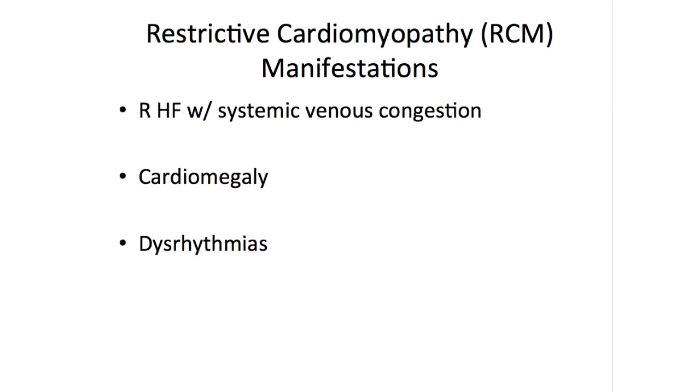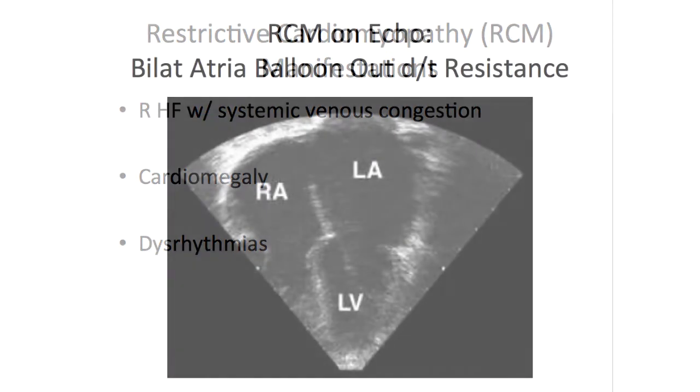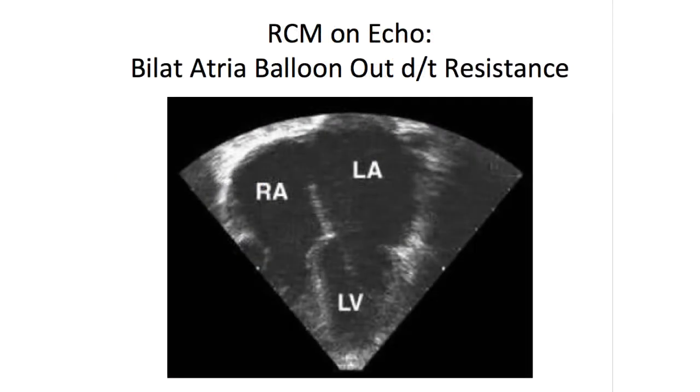There aren't very many characteristic manifestations, but restrictive cardiomyopathy usually presents like right heart failure with systemic venous congestion, cardiomegaly, and also can present with dysrhythmias. One characteristic finding that you may see is on the echocardiogram.